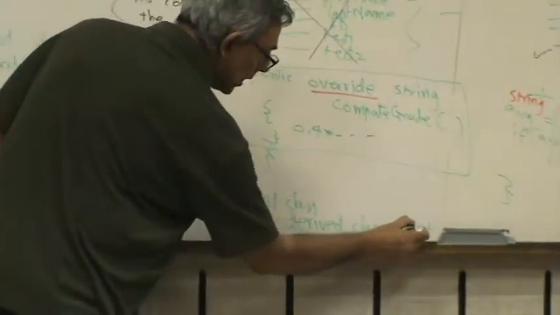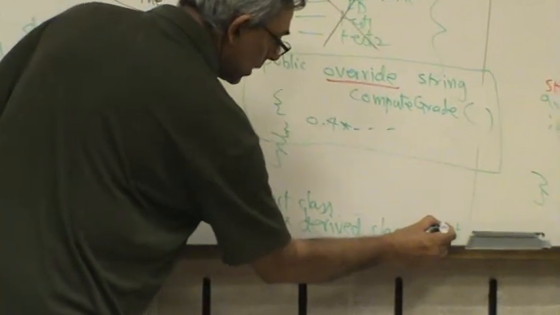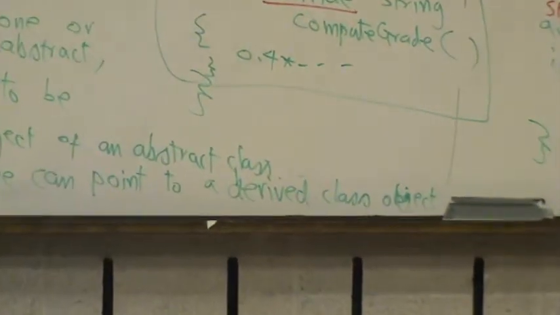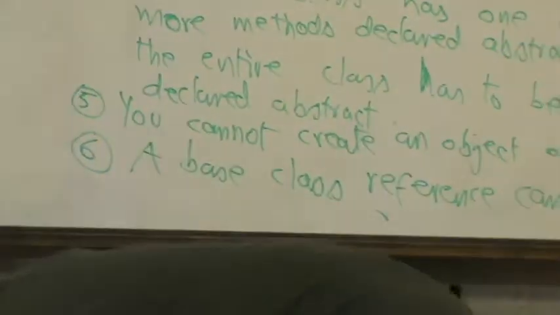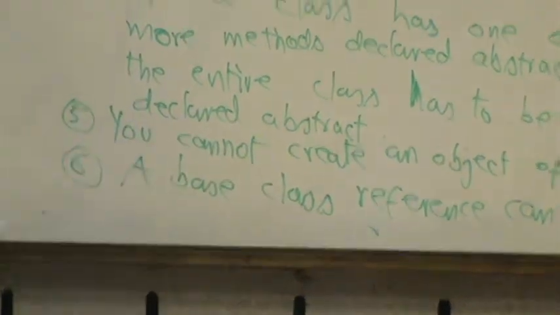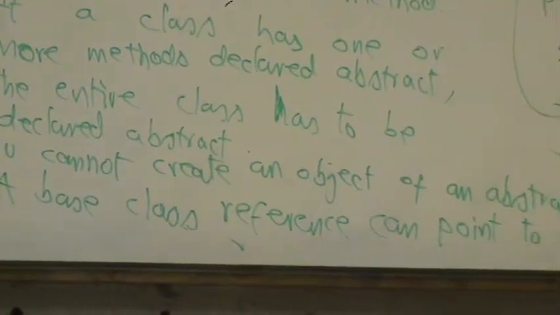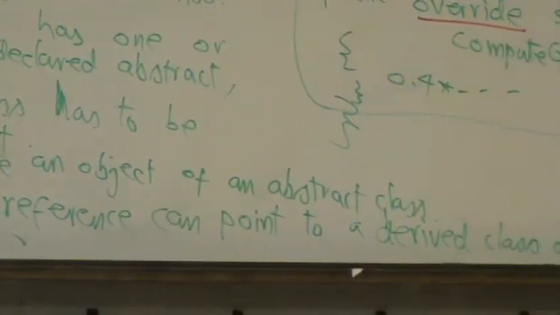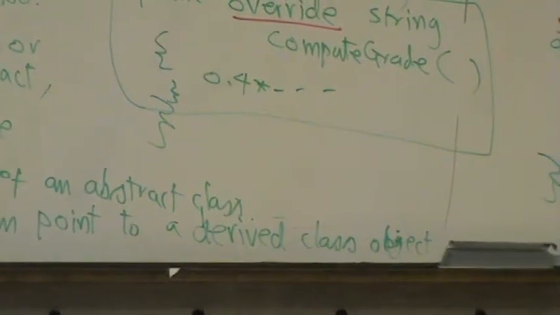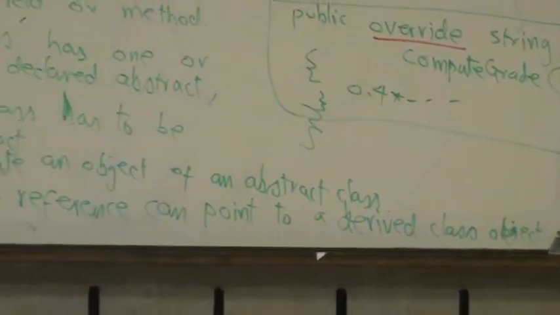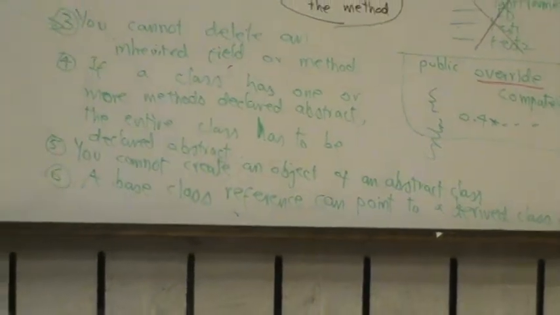A base class reference can point to a derived class object. And again, this is not a C# rule. This rule is for all object-oriented programming languages. So regardless, C, C++, I mean C#, Java, all have the same rule. Okay, so let me further clarify this part.